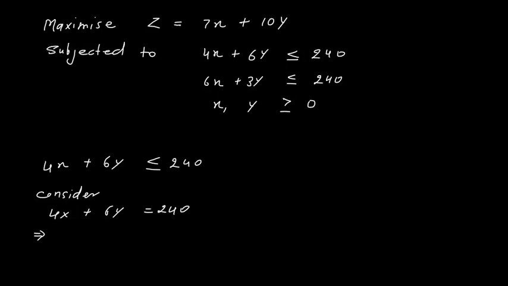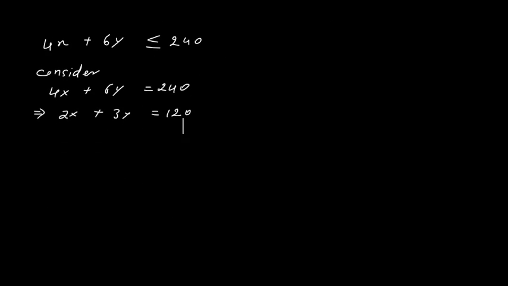I can divide by 2 and get 2x plus 3y equals 120. Now to plot, I need 2 points, x and y. When I take x as 0, 3y is 120, so I get y as 40. When I put y as 0, I will get x equals 60.